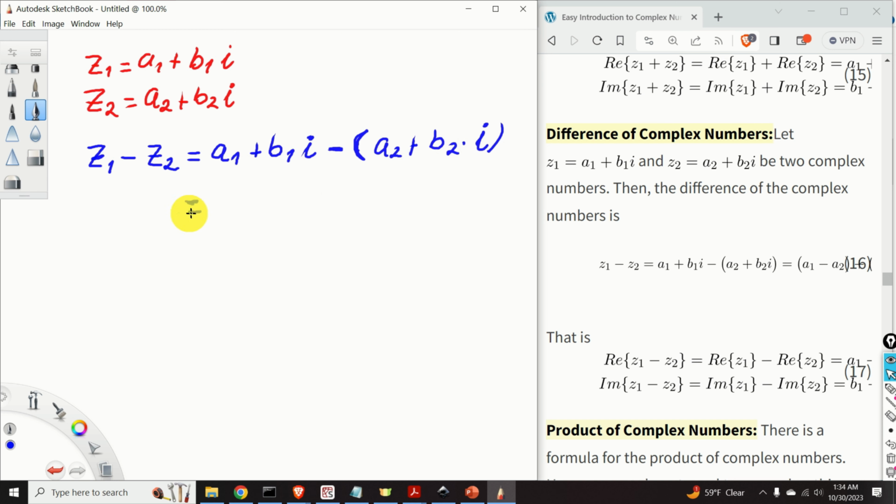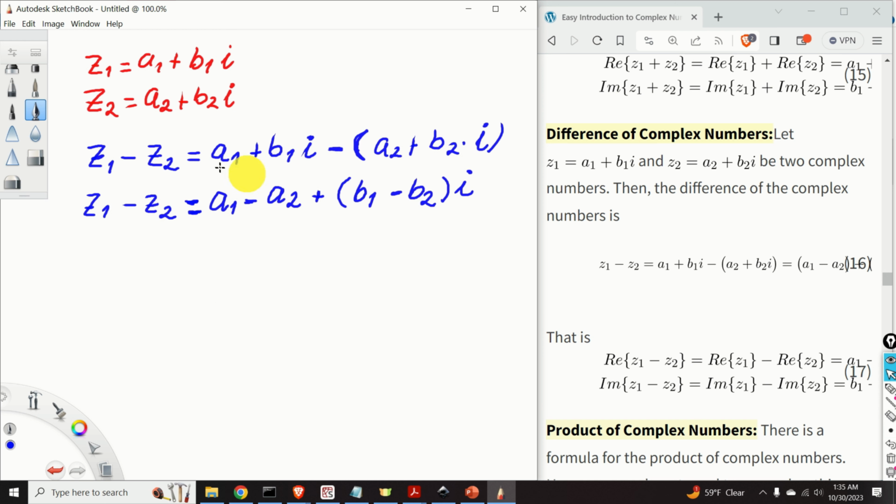Again, you identify the real parts. The real part over here is minus a2, and the real part here is a1, so you can write a1 minus a2. Let's see what happens for the imaginary parts. You take the imaginary part, here is b1, and over here you'll have minus b2, and this multiplies i, and that's it.